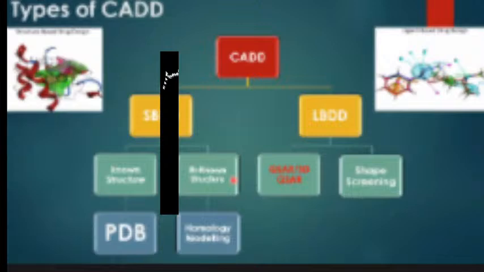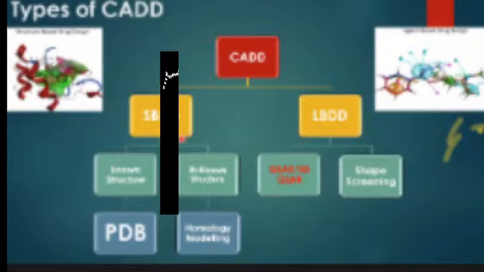That is called homology modeling. In SBDD, we will go into more detail, but to have an overview, SBDD is one where there is a known structure, and the other is where you are preparing the protein.